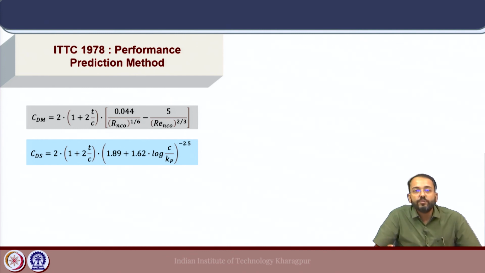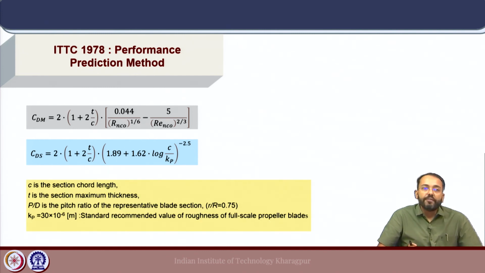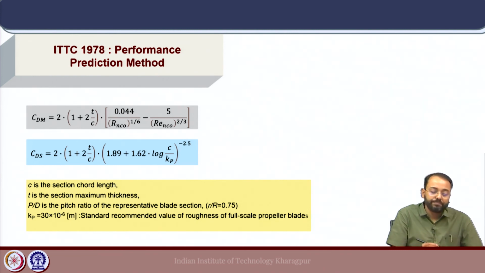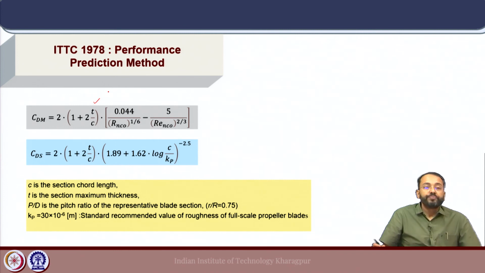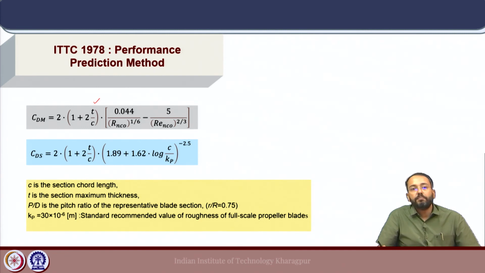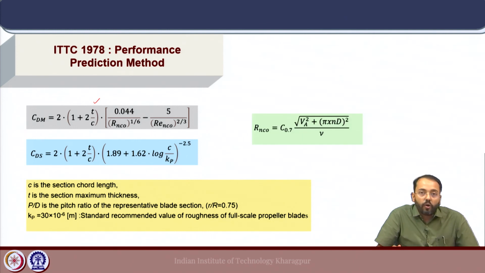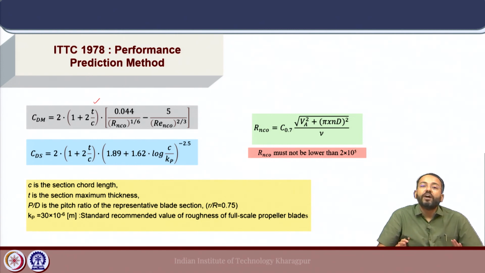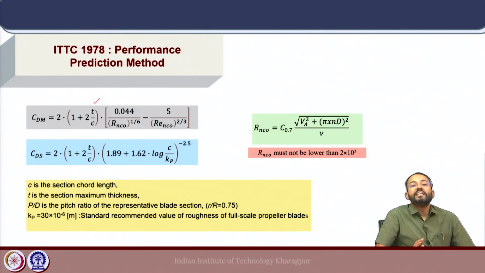It is done using these formulas, where we have the drag coefficients in the model and full scale as functions of the T by C, that means the ratio of the maximum section thickness of the blade to the sectional chord length, and we have the Reynolds number defined on the propeller blade for the blade section at 0.75 R. So, that is the representative section which is used for calculation of these blade parameters, which are used for the performance prediction method.